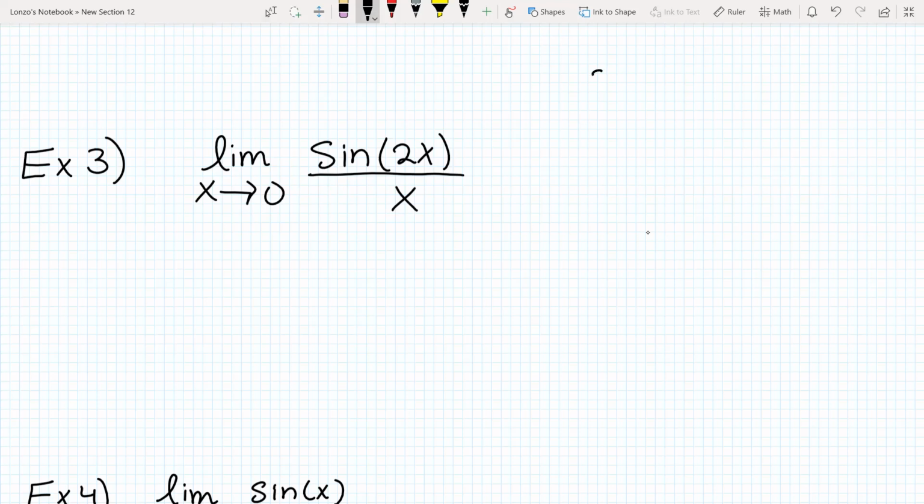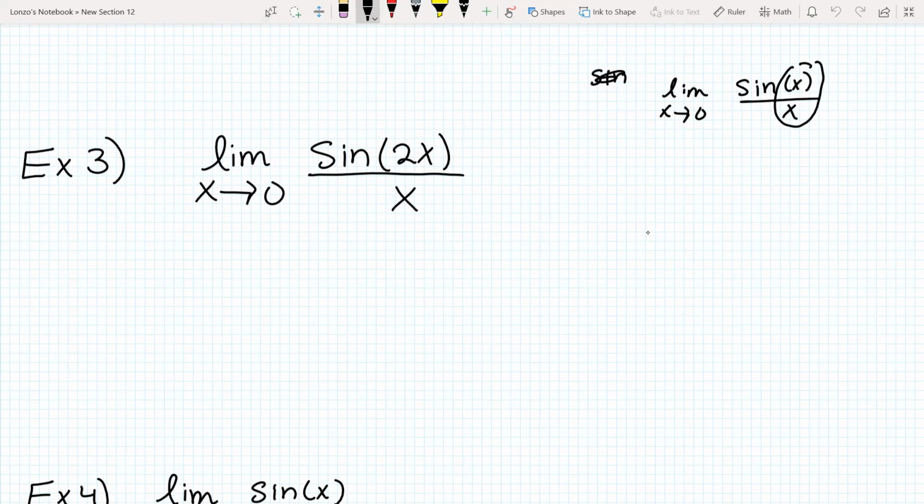This one is very close to one of our trig limits, the limit as x approaches 0 of sine of x over x. The only difference is there's a 2. Well, the key is to get this thing here to be the same as this. So maybe we can make this x as 2x, right?